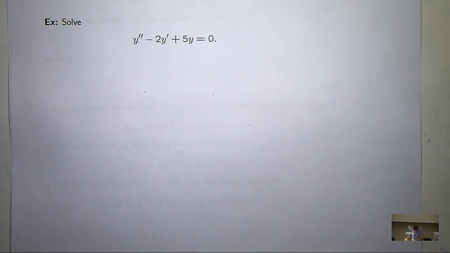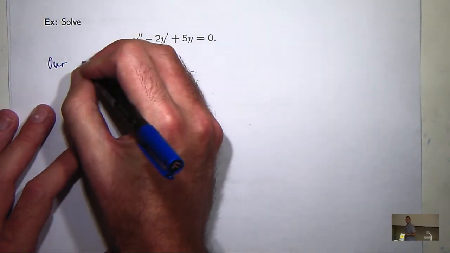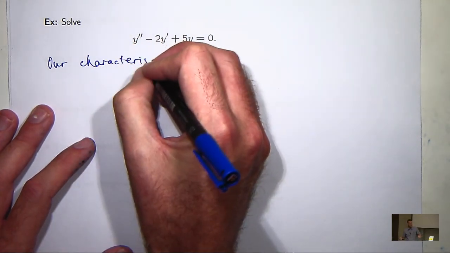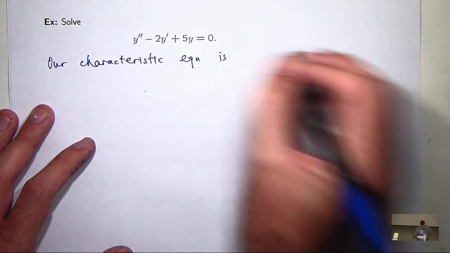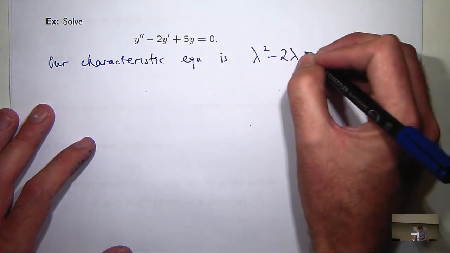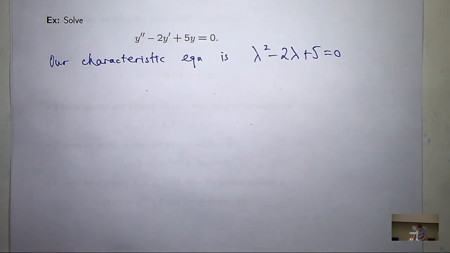All right, the characteristic equation, let's write it down. So now we're going to try to solve that. You can do it a number of ways. I'm just going to complete the square. Okay, I'm a pretty simple guy. I like simple techniques.